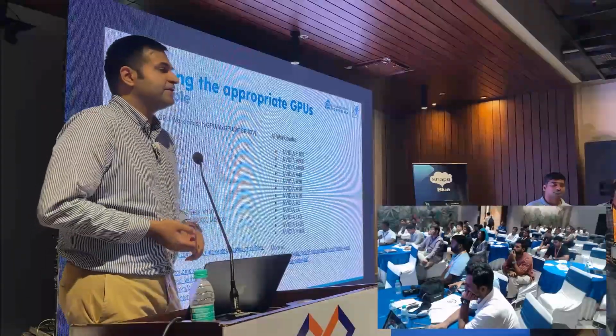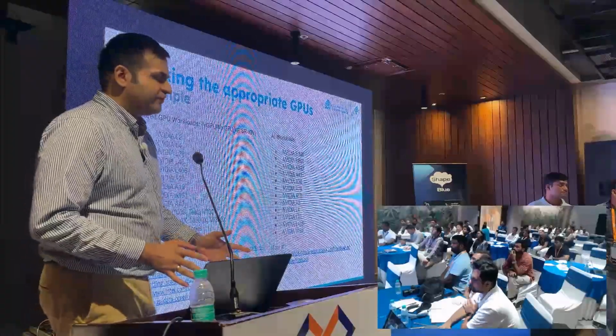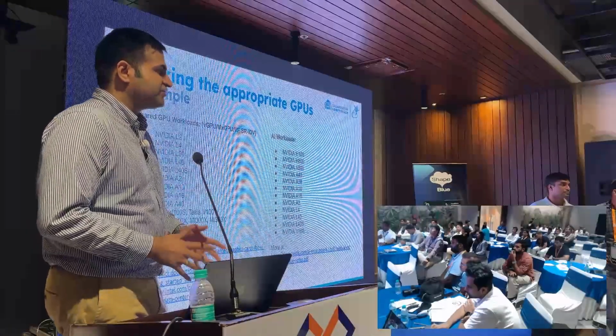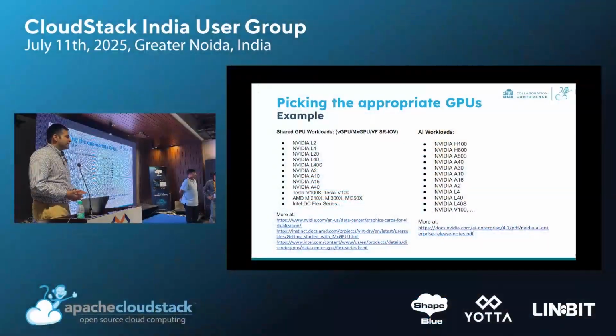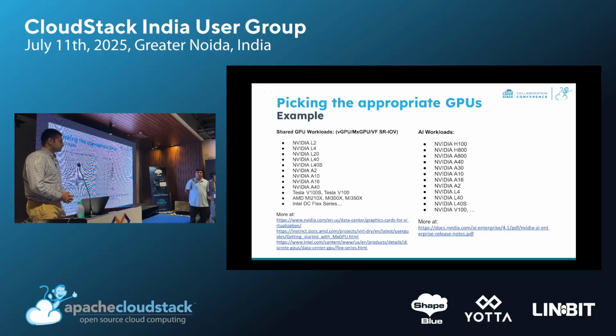So it doesn't matter what it is. And we are using some common ways like scanning for PCI devices, right? We have done it in such a way that CloudStack doesn't care whether it's this NVIDIA card or that AMD card or that Intel card. So, in other words, if we have to handle, let's say, InfiniBand virtualization, that's something we can do.